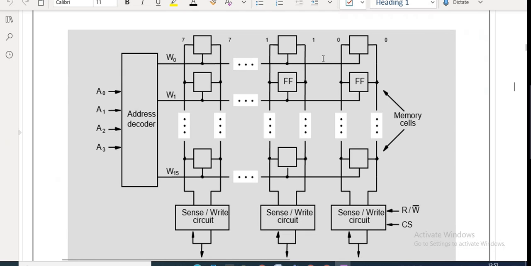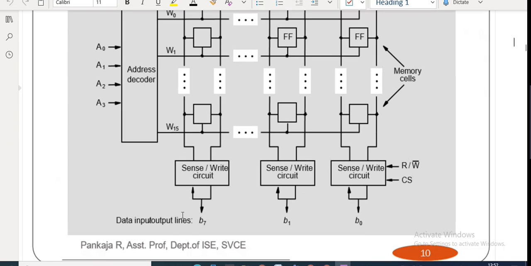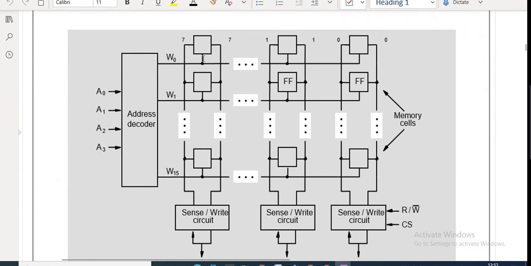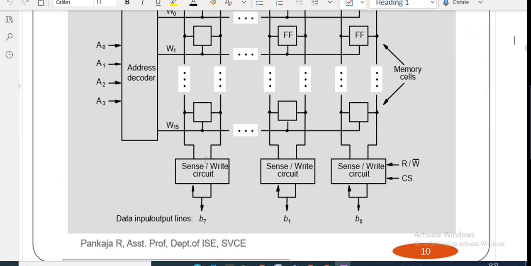So all the bits it is going to read will be placed onto the output lines, which are connected here. It senses whichever line is activated. Depending on what value is stored in the cell, it will read the data and send it to the output lines.